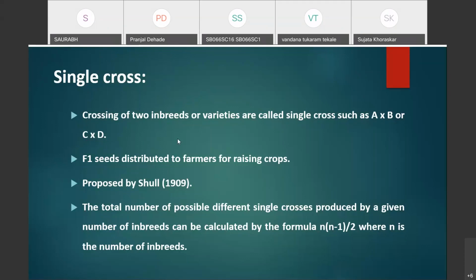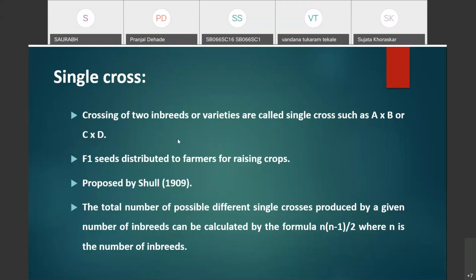This method of single cross, the crossing between two inbreds and distributing the F1 seeds to the farmers for raising the crop, was proposed by Shull in 1909.